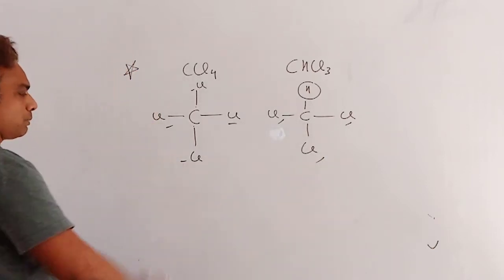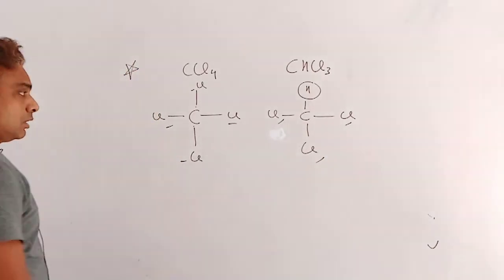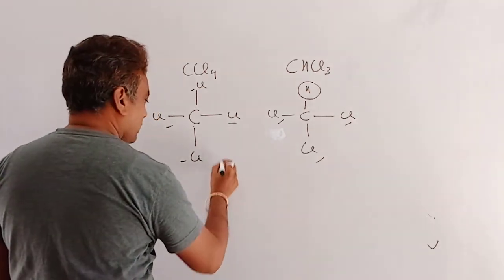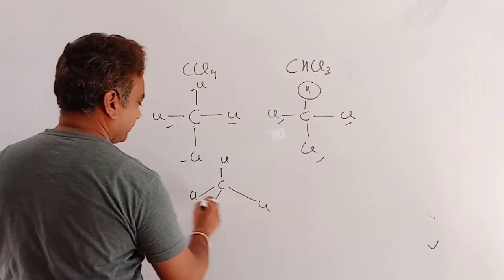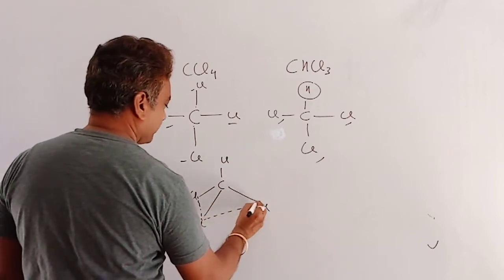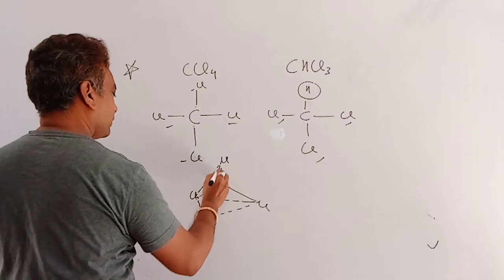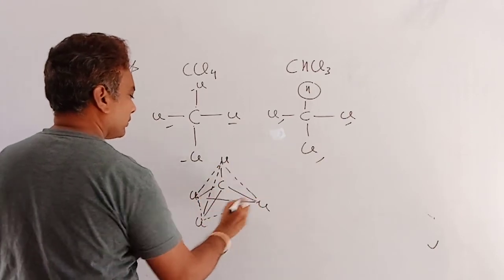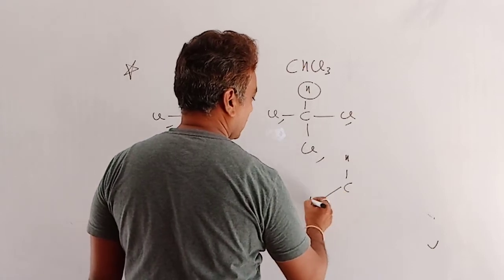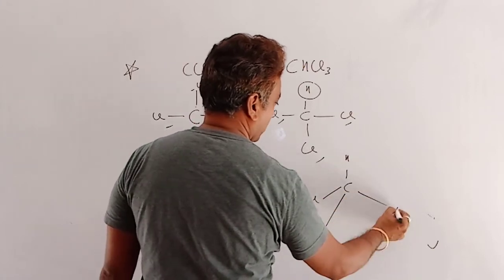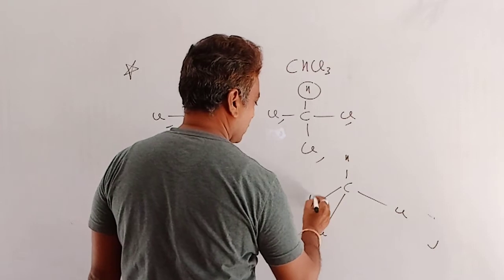And with respect to the geometry of the molecule, CCl4 is tetrahedral, and CHCl3 is also tetrahedral but one side is associated with hydrogen.